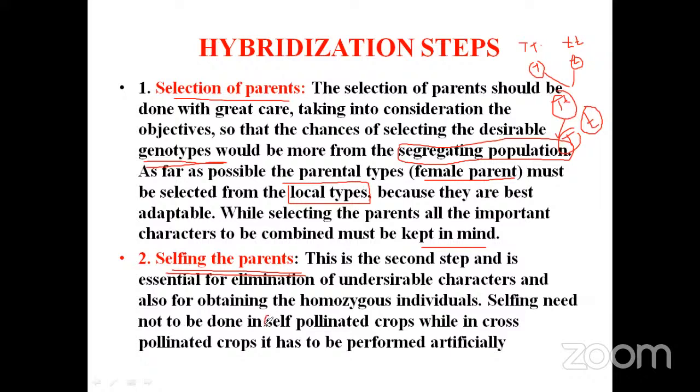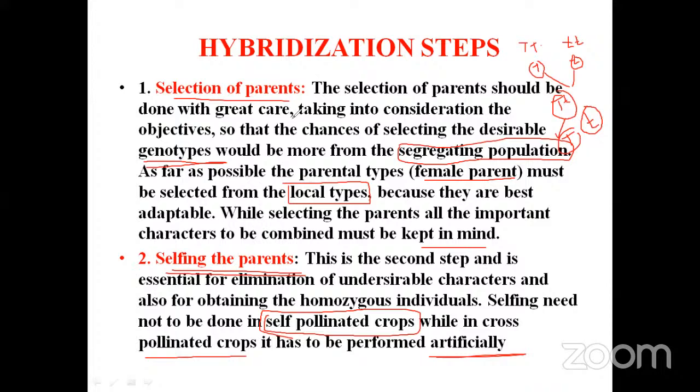Here it is given clearly: self-pollinated crops, as a characteristic nature, can self-pollinate. But in cross-pollinated crops also we can promote self-pollination artificially. Let's see the artificial methods later.